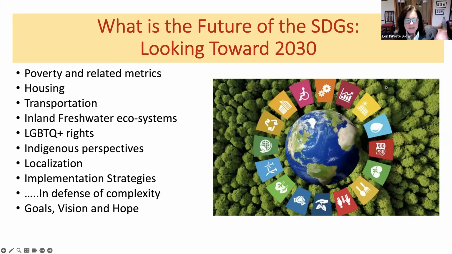Implementation strategies, I said a little bit about all of that. I said how I want to defend the complexity. I don't love the fact that there are 17 and 169 targets. At least find one more target and make it 170, so people can hold it in their mind as 17 times 10. But anyway, it's okay to have complex webs in response to complex solutions, but we need to be able to communicate them clearly and set priorities.